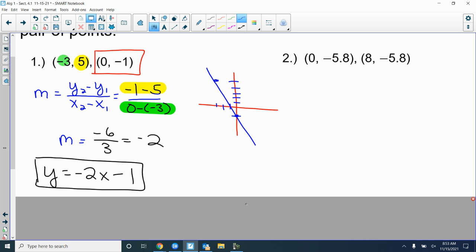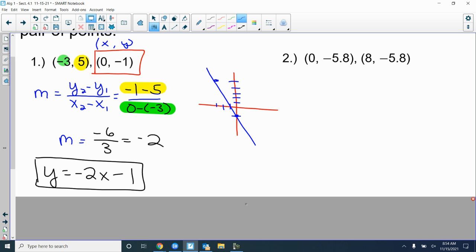All right, the second one. Does it give us the y-intercept? Look over here. What was the characteristic of the y-intercept? What is its x-coordinate? 0.